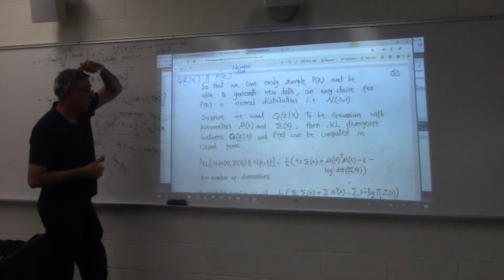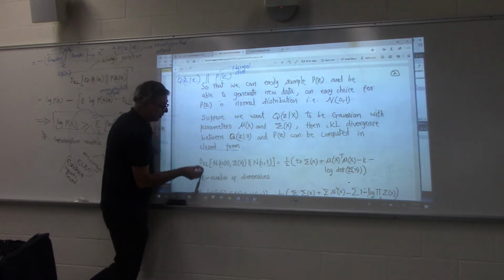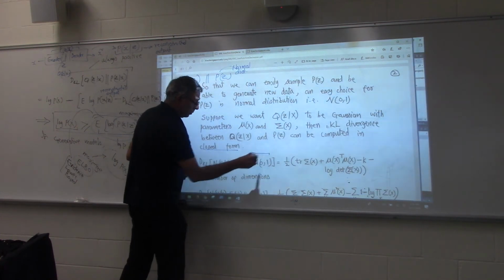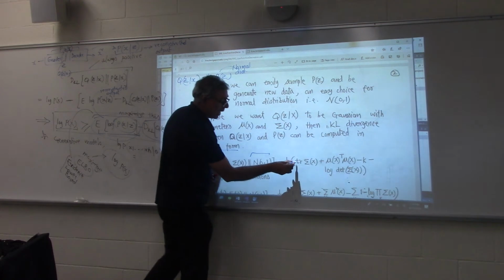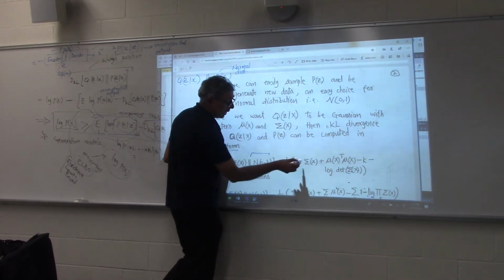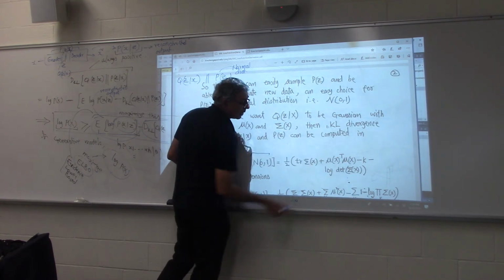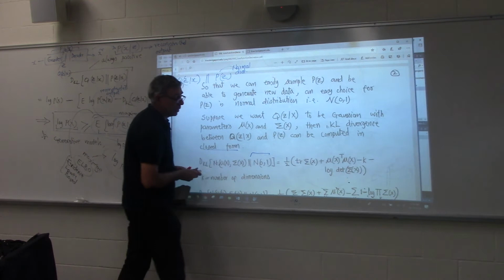Then it can be computed in closed form. So the KL divergence of a normal distribution with a given mu and covariance happens to be the trace, which is the sum of the diagonal terms, plus mu transpose mu, minus k, minus the log of the determinant.